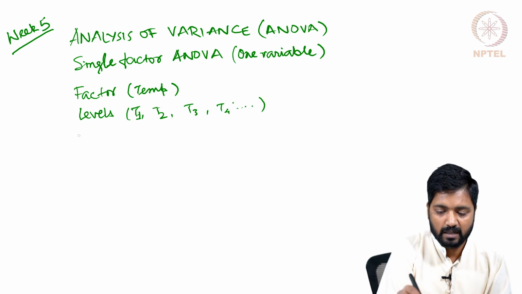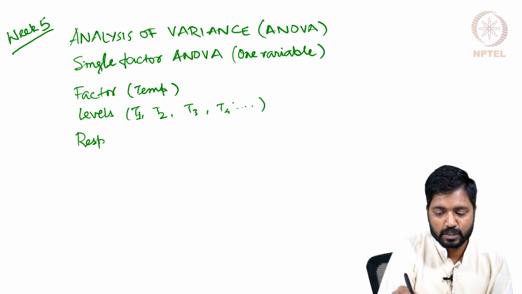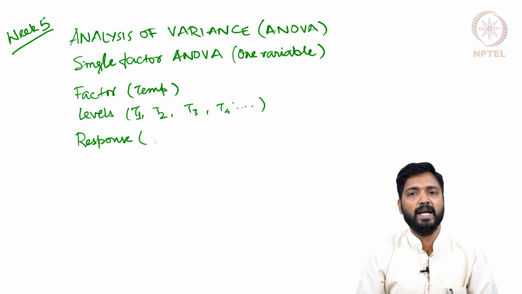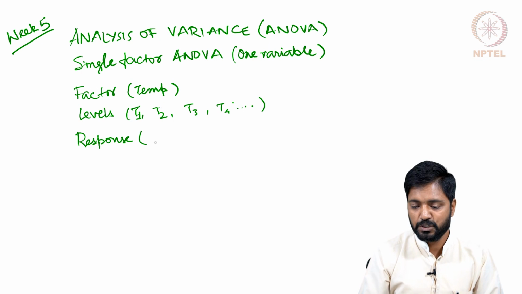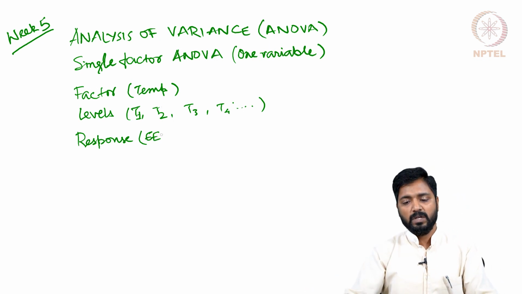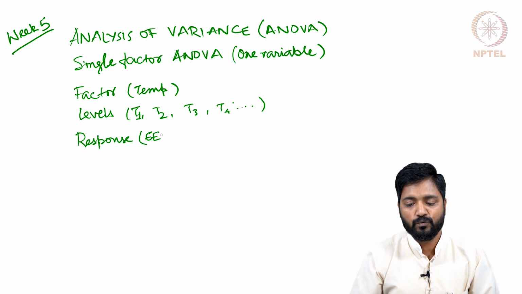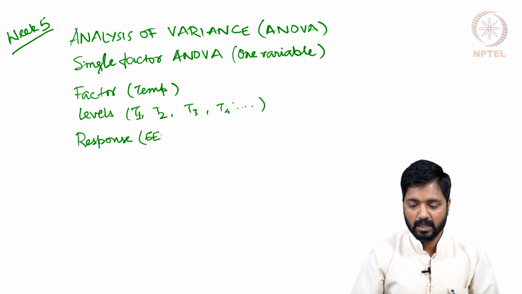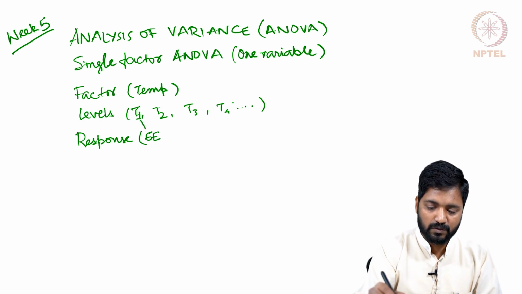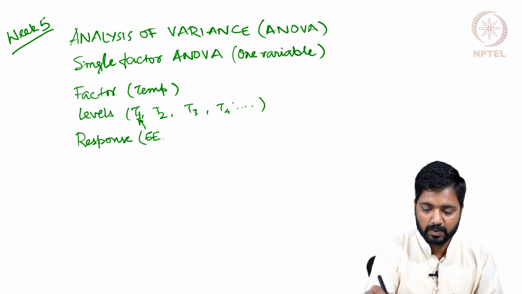And then we have the response. For example, this response could be the yield of the reaction or the enantiomeric excess, and what we will have to do is to perform the reaction at a particular temperature T1 multiple times.